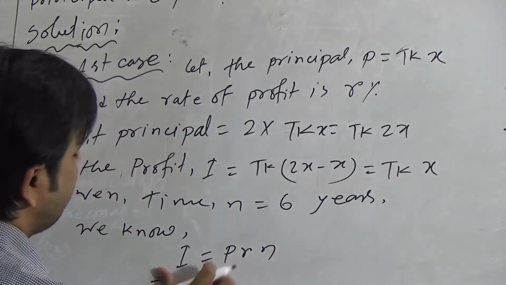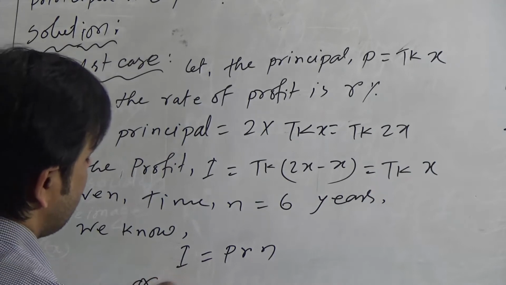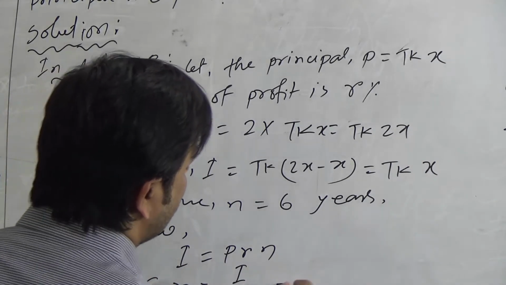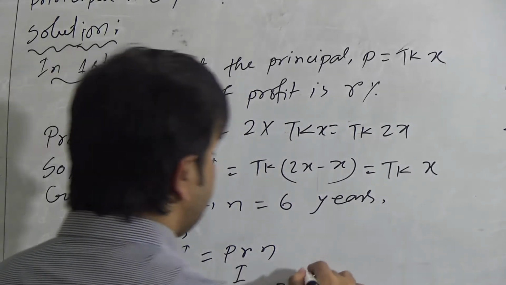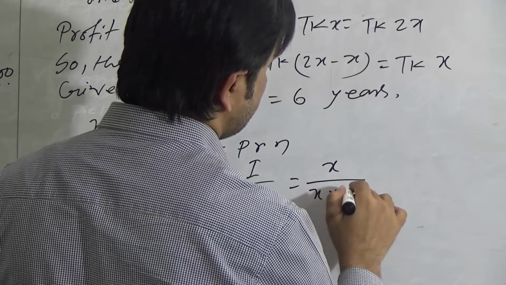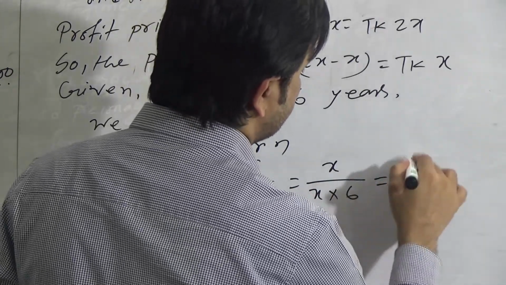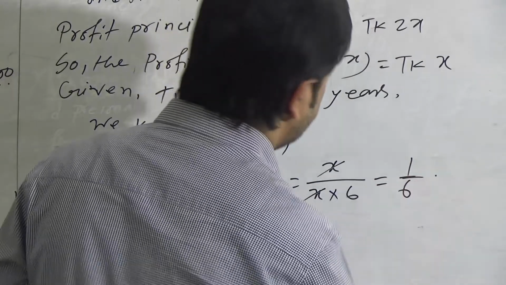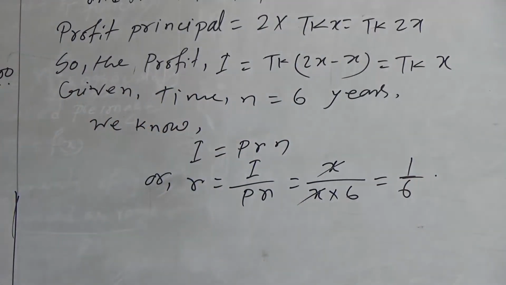From this we need to determine the value of R, or R equal to I by Pn. Now put the value here. I means x, P means x, N means 6 years. So this will be 1 by 6. We can cut x and x. So the value of R is 1 by 6.